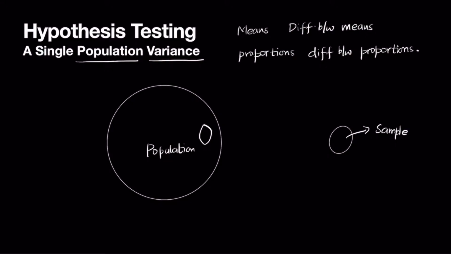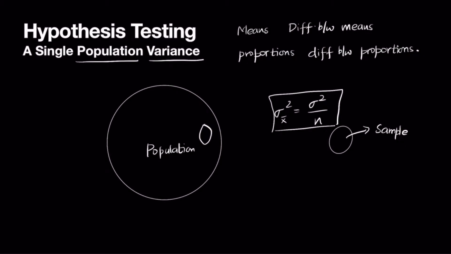Now the problem with this is that when we discussed sampling distribution, we said that the variance of a sample is going to be divided by n times that of the population. Now this is not what we are talking about when we talk about a sample being taken out of a population.